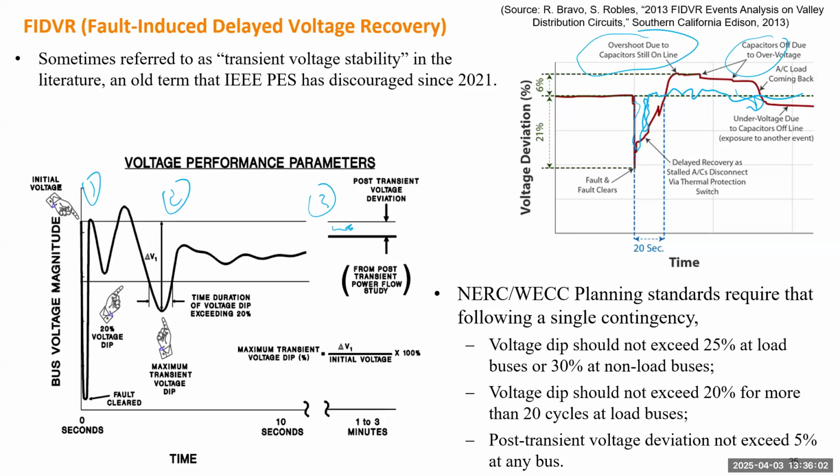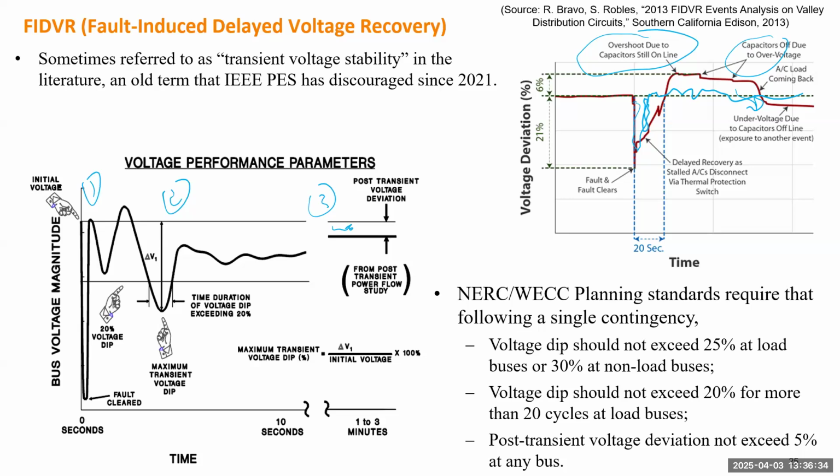Okay. For instance, the standard may require the voltage dip not exceed 25% at load buses and 30% at non-load buses, which means for those transmission substations, you never see the voltage at something like 0.7 per unit. Okay, that can be very bad. Even just temporarily, that can cause a lot of issues.